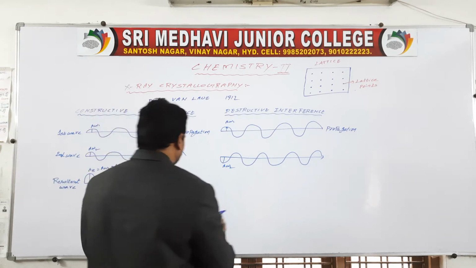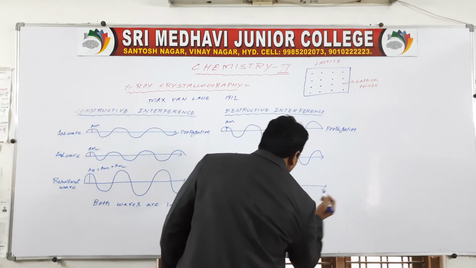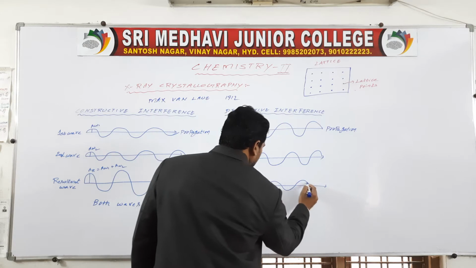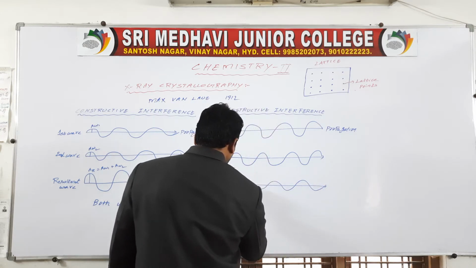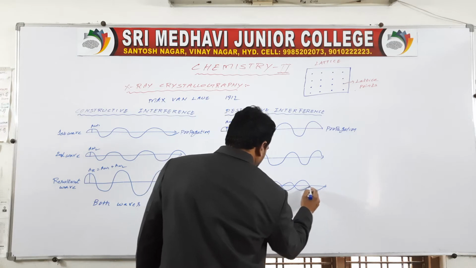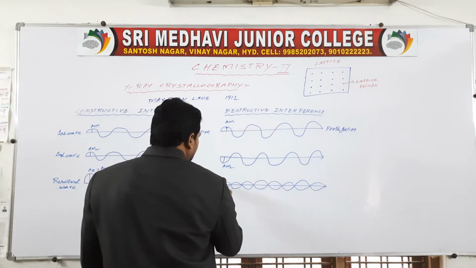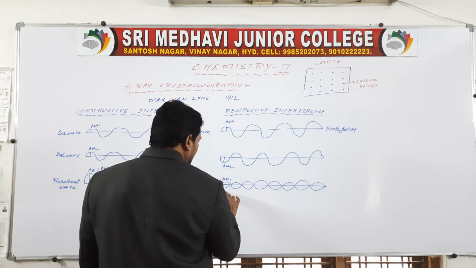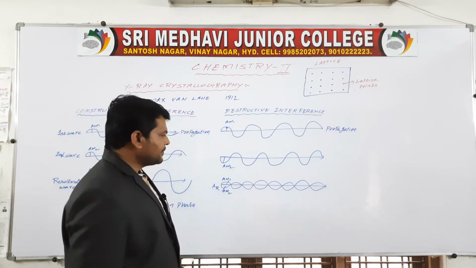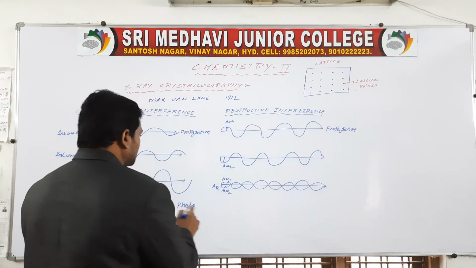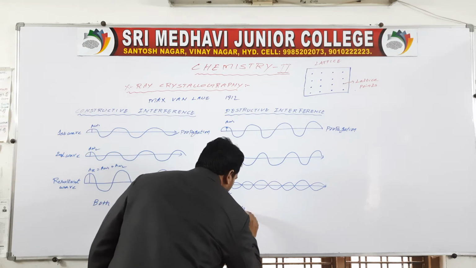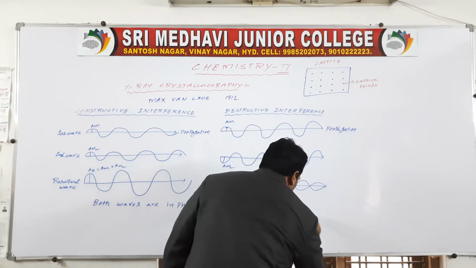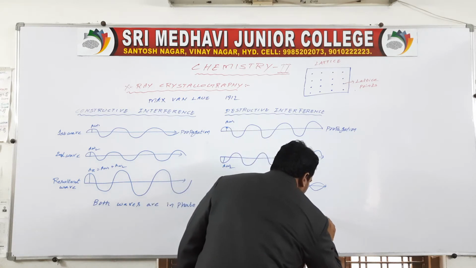And then the resultant wave is like this, AR. AW1 and AW2 cancel each other, so they undergo destructive interference. Both waves are in different phase.